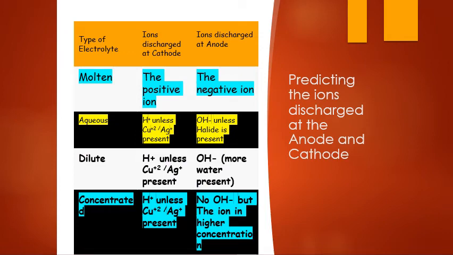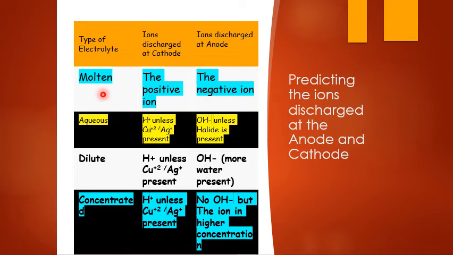So how do we decide which ions are going to be discharged in a molten substance, an aqueous solution, a dilute solution, and a concentrated solution? Okay, so this chart is very important, and you should definitely memorize it as it will help you.